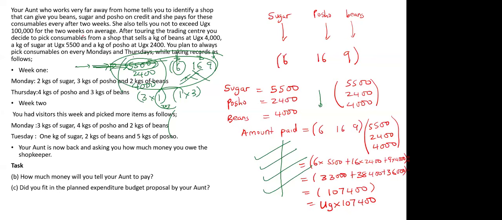And therefore, it went beyond the expected amount that the auntie had allocated for this gentleman to use within the 2 weeks. Therefore, the goal was not achieved, or the aim was not achieved. So that point should come out like that.